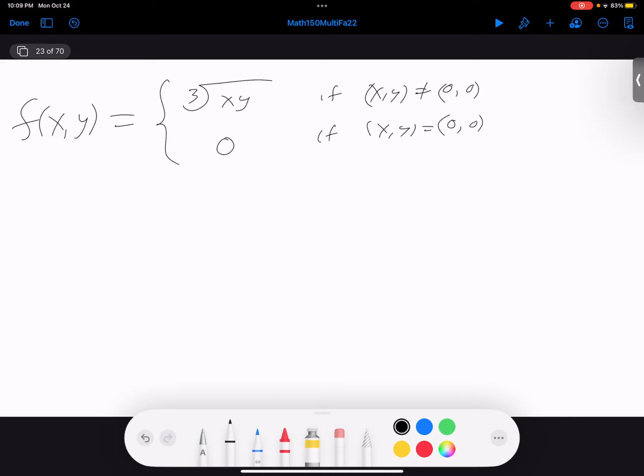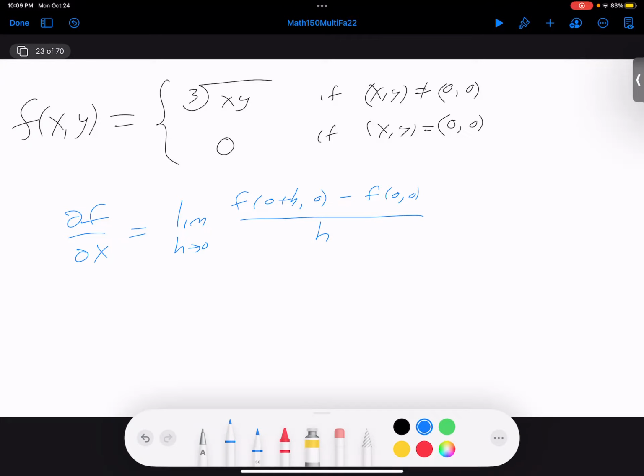So if I want to calculate the derivative of f with respect to x, this would be the limit as h goes to 0 of f of (0 + h, 0) minus f of (0, 0), over h. Well, what's f of (0 + h, 0)?